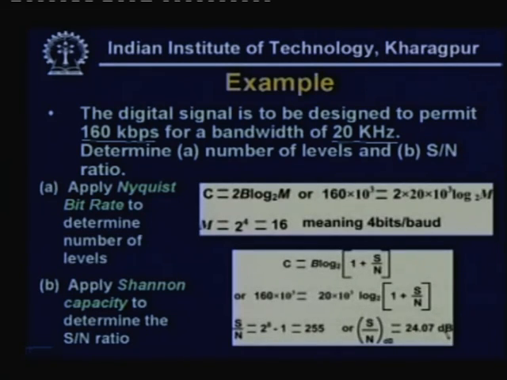So we see with signal to noise ratio of 24.07 and number of levels equal to 16, we can achieve 160 kilobits per second data transmission through a channel having bandwidth of 20 kilohertz. So this example tells us how we can design a transmission system to provide suitable number of encoding levels and a suitable value of signal to noise ratio, so that we can achieve a desired data rate.